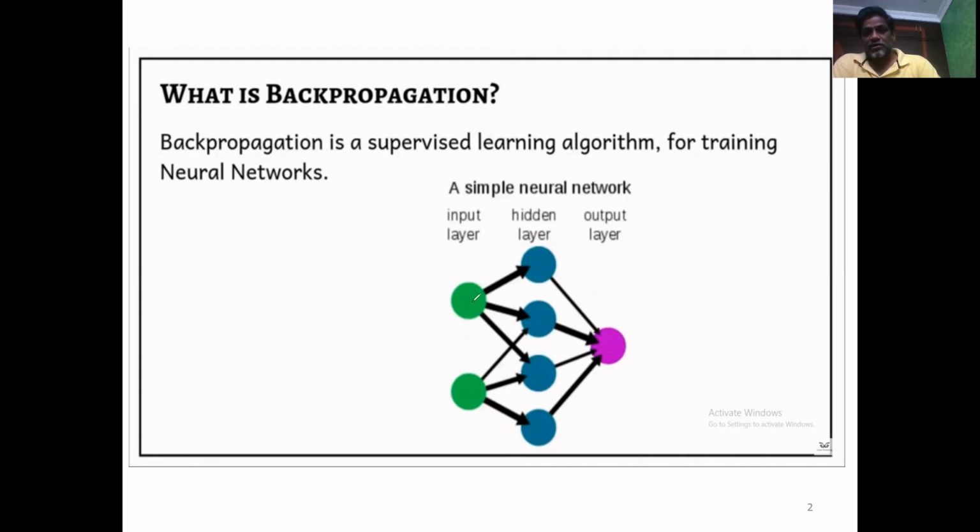The connections are always from the input layer toward the output layer, in the forward direction. The flow of information will be in the forward direction only. So this is a feed-forward neural network. Therefore, the backpropagation algorithm can be used to train this feed-forward neural network. This we discussed in our previous class also.